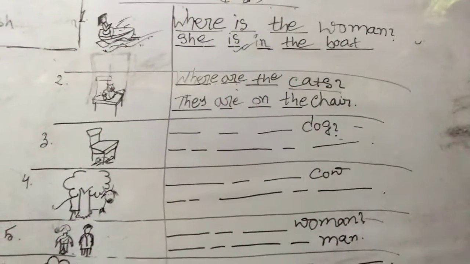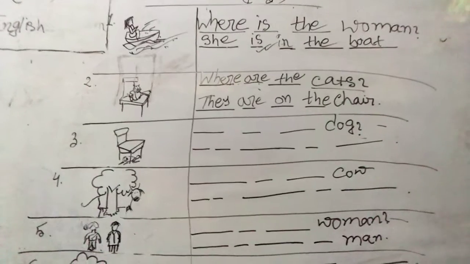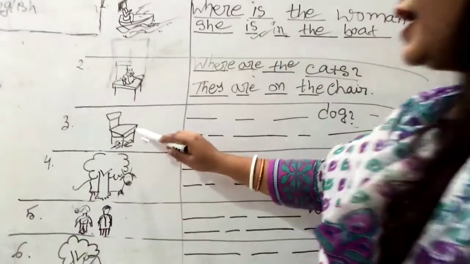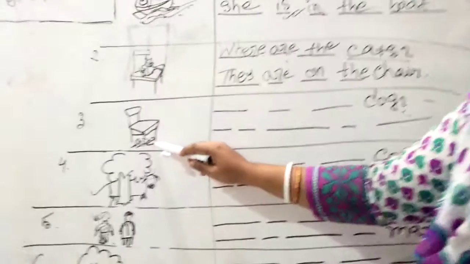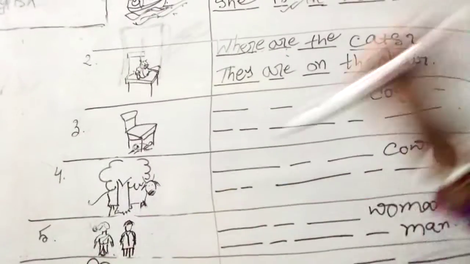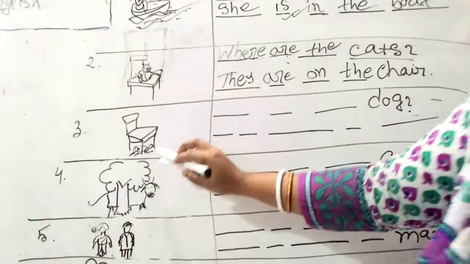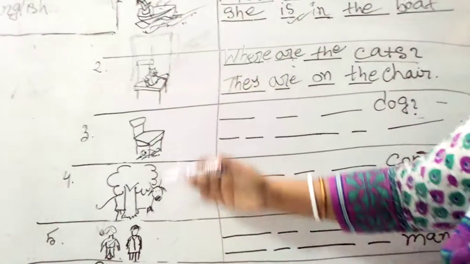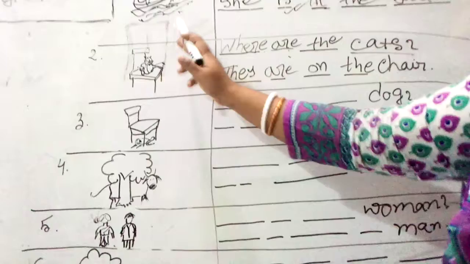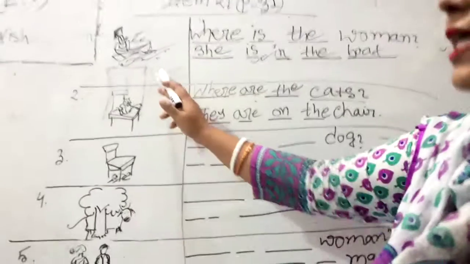Okay. Now, number 3. See here, it's a chair. And I have tried to draw a picture of a dog. In your book, you can see under the chair, there's a dog. Is there any clue given, like in, on? Is it written?